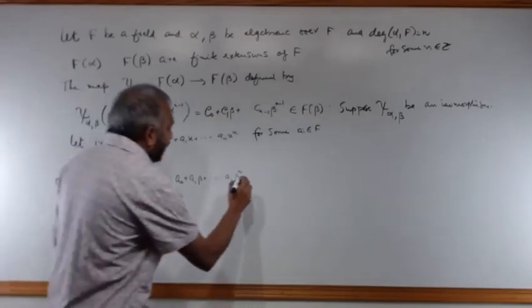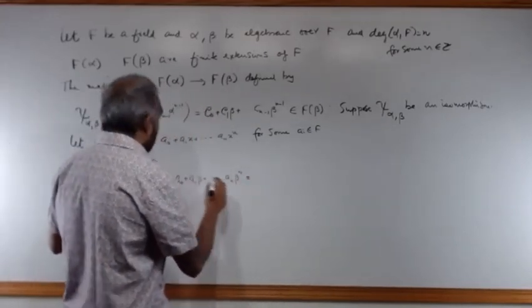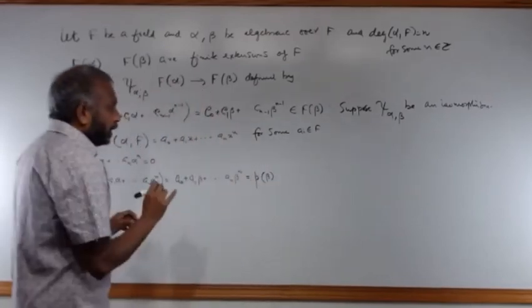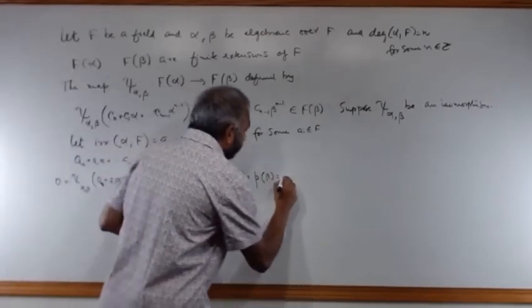So let us take this as a polynomial p of beta. So p of beta is equal to 0.